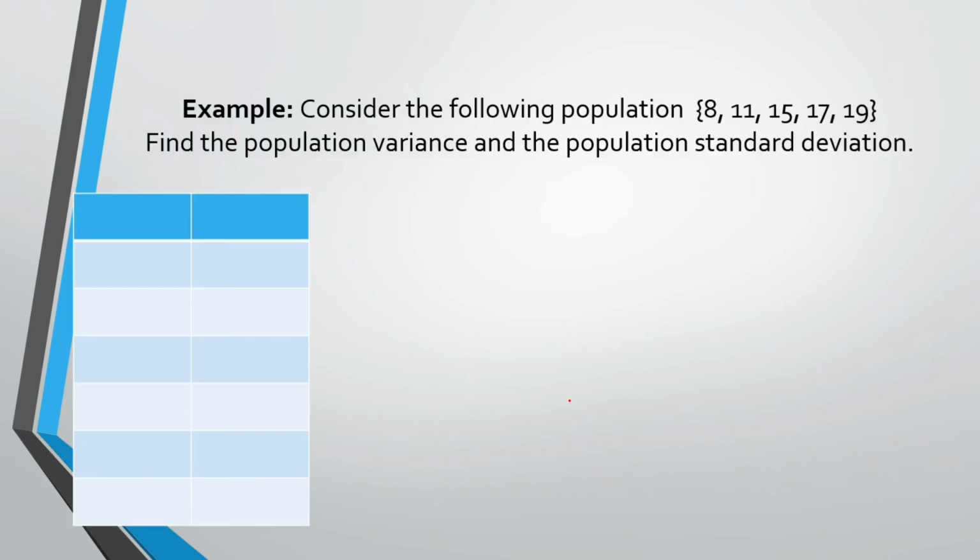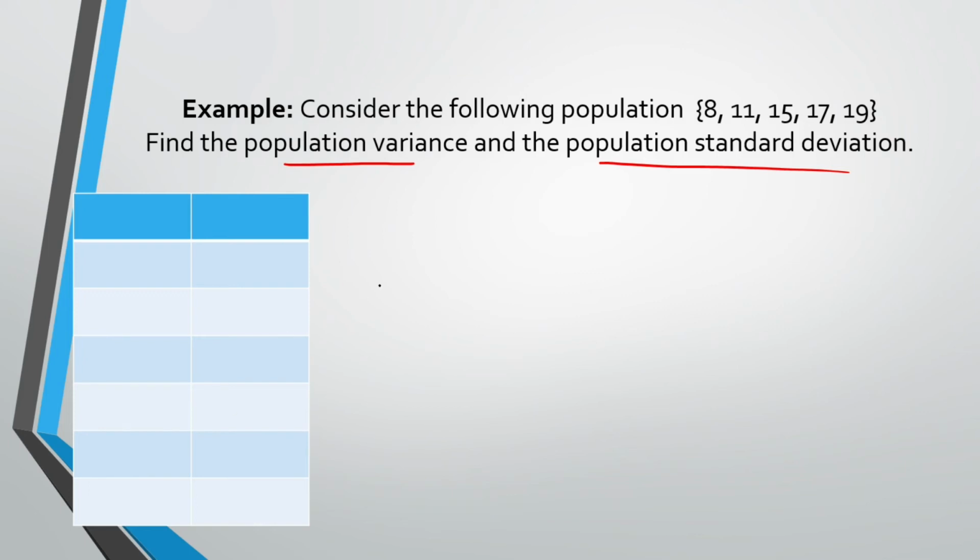Example, consider the following population: 8, 11, 15, 17, 19. Find the population variance and the population standard deviation. Notice this is for the population, so we'll have to use a different formula.